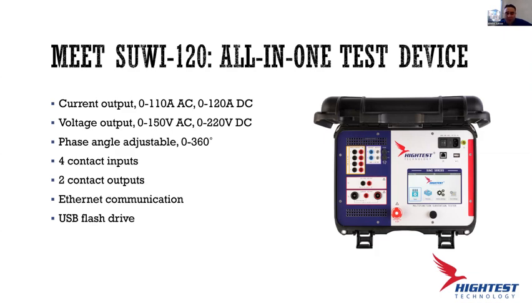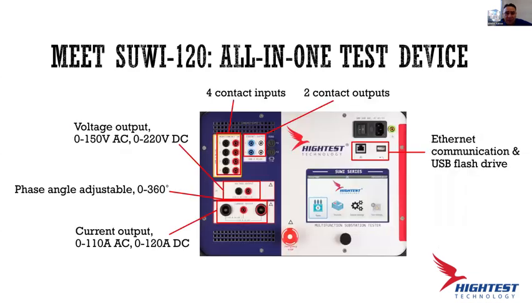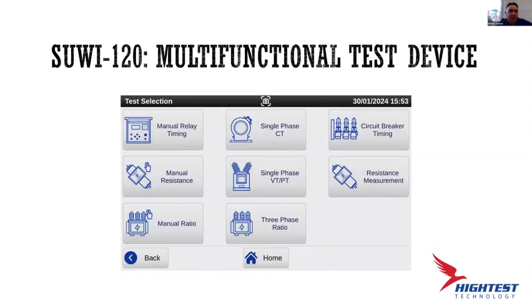Phase angle is adjustable from 0 to 360 degrees. It has 4 contact inputs, 2 contact outputs, Ethernet communication, a USB flash drive, and also you can see the menus here. Basically, this is the SUVI's menu.